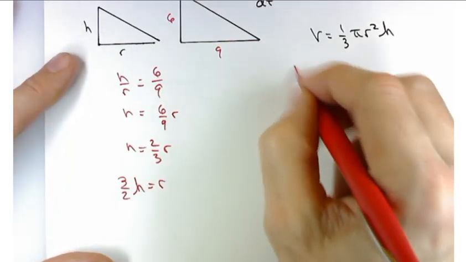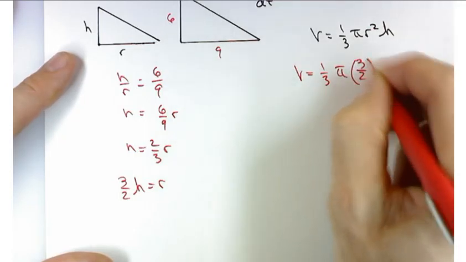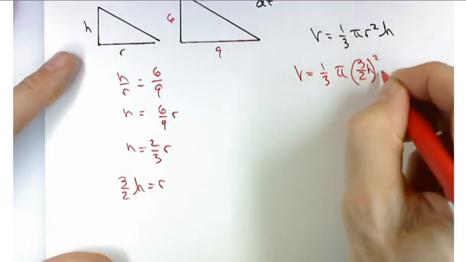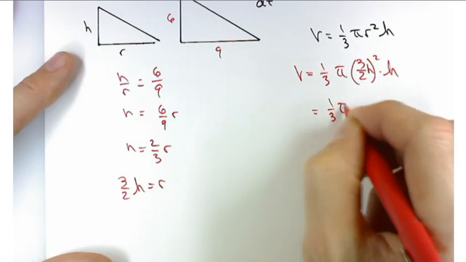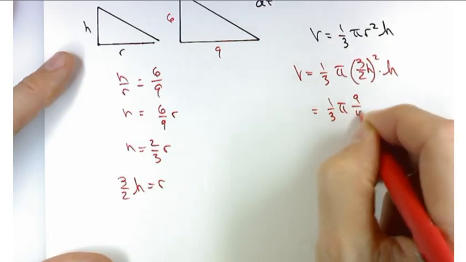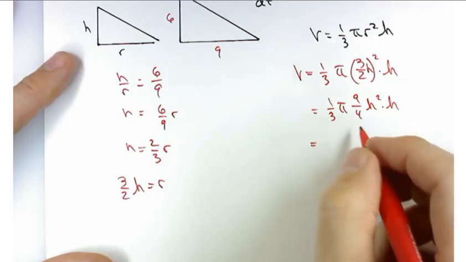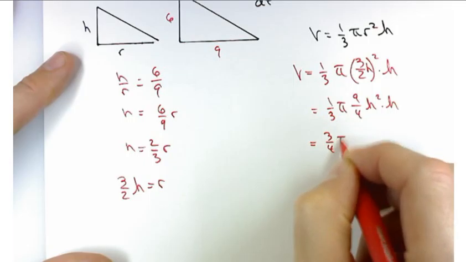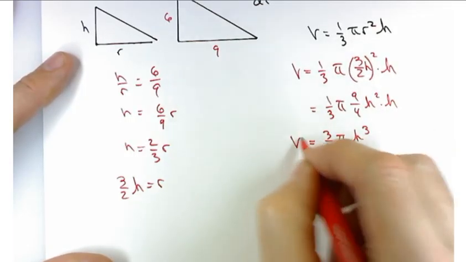That's going to be volume is 1/3 pi times (3/2 h) squared times h again, which is 1/3 pi times 9/4 h squared times h, or better yet, 3 and 3 cancel. I'm going to have 3/4 pi times h cubed for my volume.